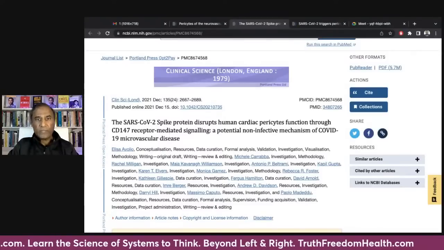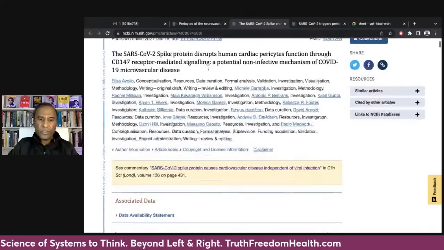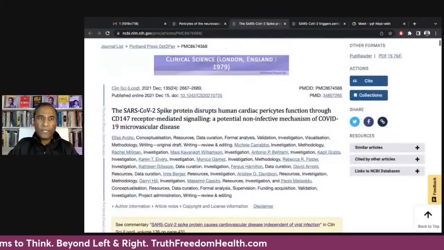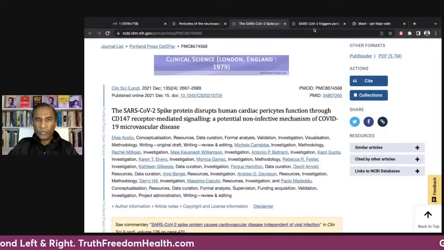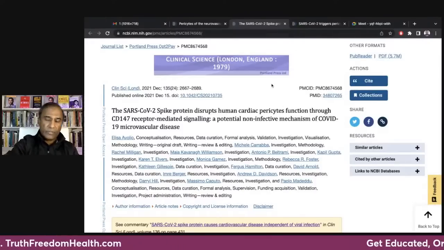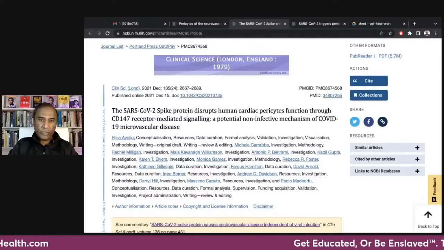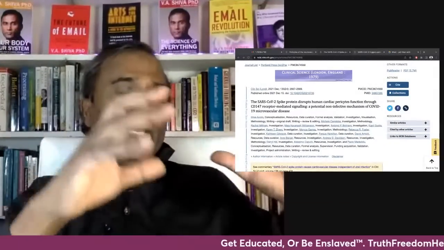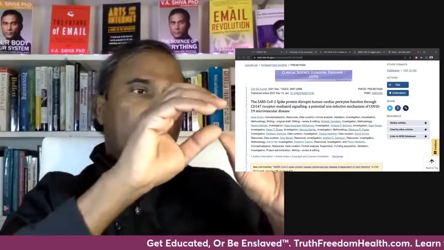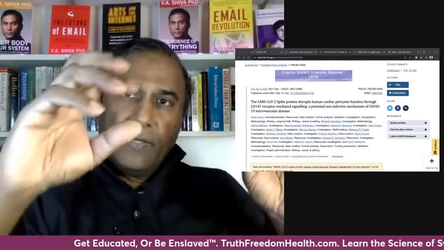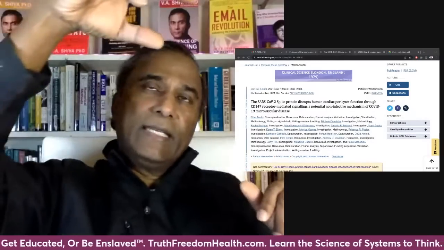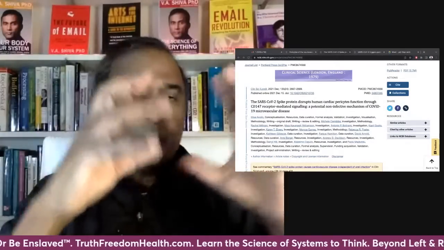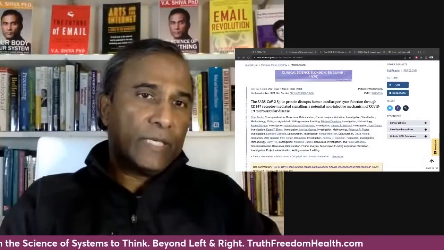So what does this mean? Okay, what this research showed was the following. I want to sort of decipher this work for you, so it makes it easier. What this research showed fundamentally was that, again, in the heart, you have pericytes. And when the spike protein landed on a different receptor on the pericytes called CD147, remember, functionality varies from a system standpoint.